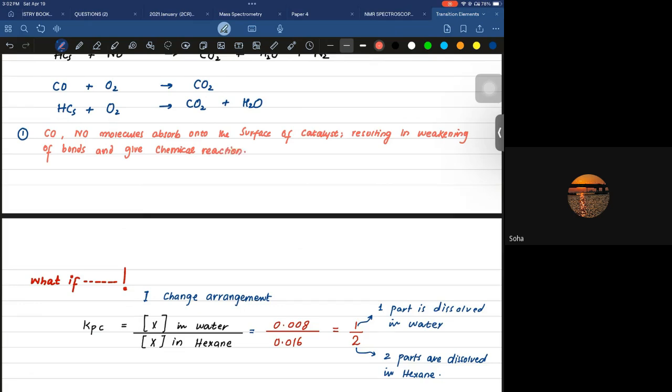There are two main processes that take place in the catalytic converter: first of all adsorption, and then desorption.